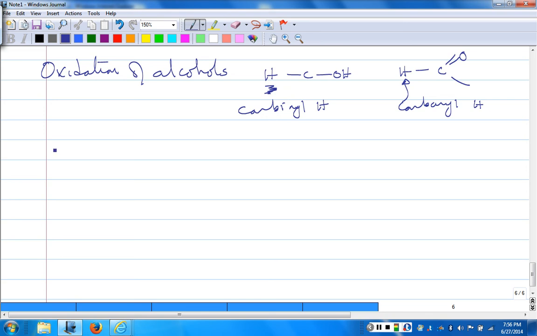We saw that I can take methanol, which has 3 carbinol H's. I can oxidize that into methanal, and that's an oxidation because, on the one hand, I've lost H's, but more importantly, I have gained a bond to a heteroatom. So that's a 2-electron oxidation. I can oxidize methanal to methanoic acid.